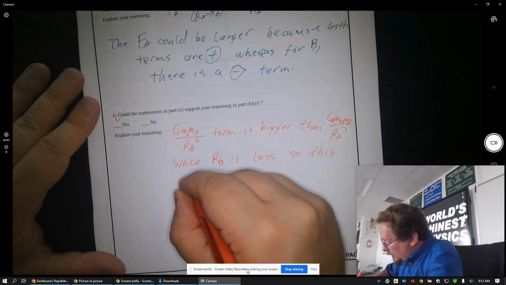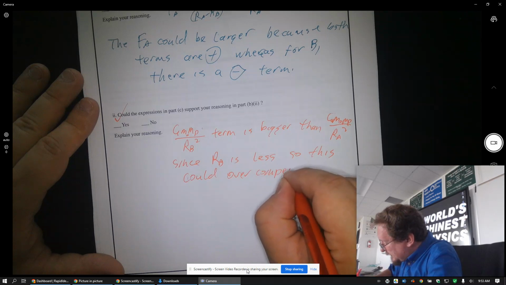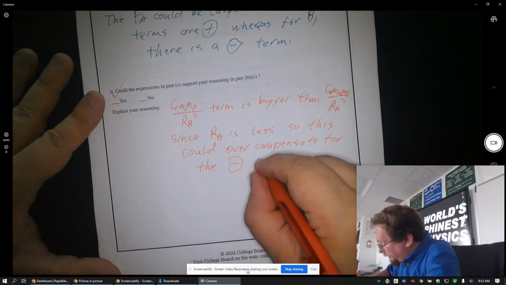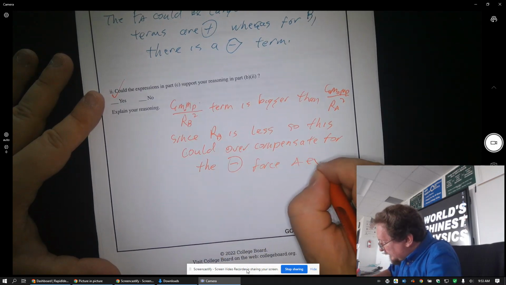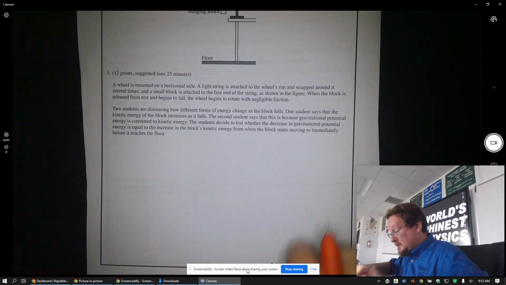So this could overcompensate for the negative force A exerts on B. All right, there's your quantitative translation question.